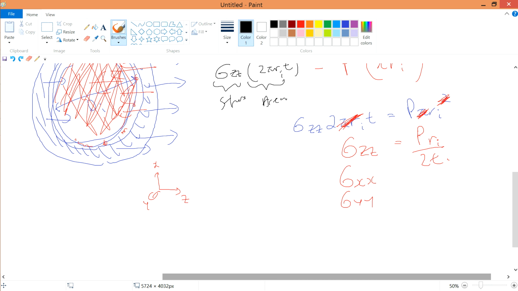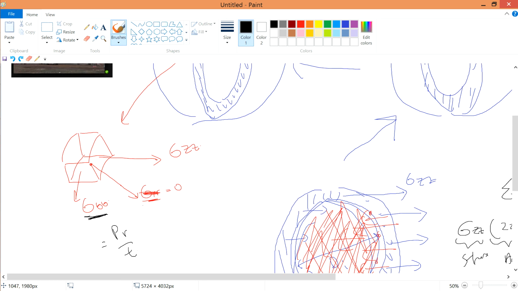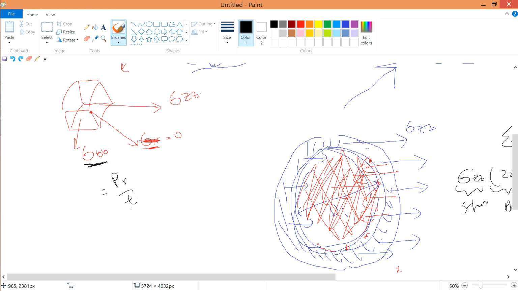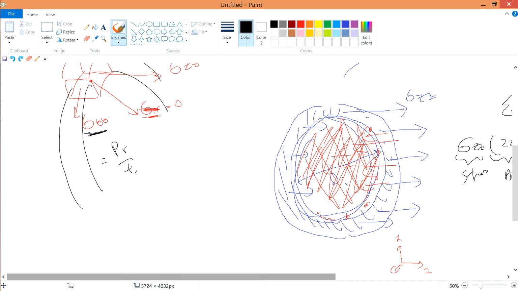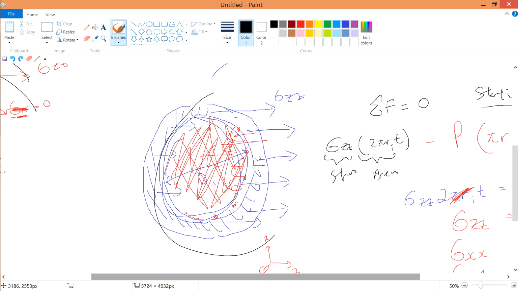Why do we measure in terms of the longitudinal stress compared to the hoop stress? The longitudinal stress is something that we measured just now. But why don't we measure the hoop stress?